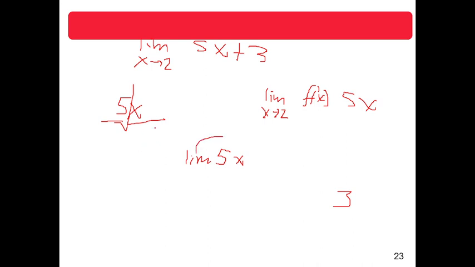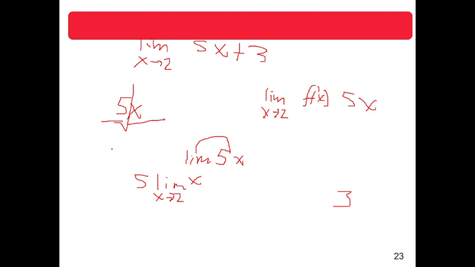Now, you are going to distribute that limit to the variable, so it will become 5 times the limit of x as x approaches 2.